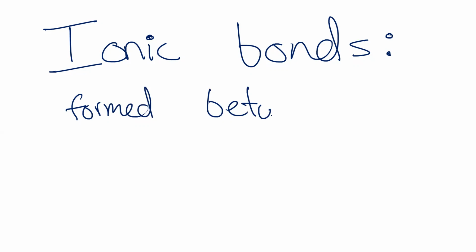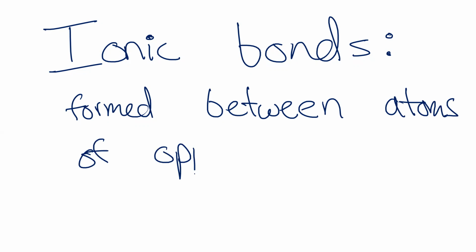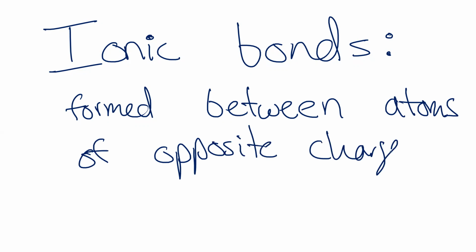Ionic bonds are even easier to think about, really. Ionic bonds, in general, are formed between atoms of opposite charge.